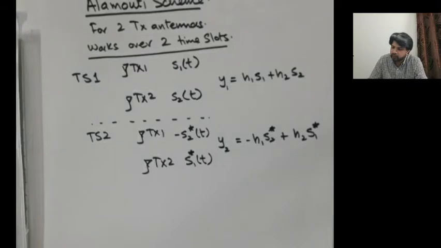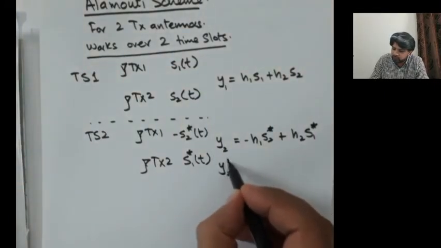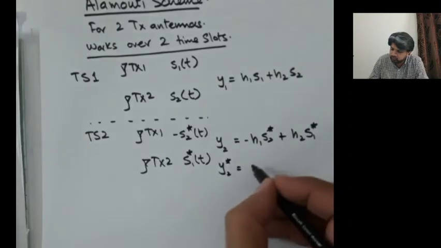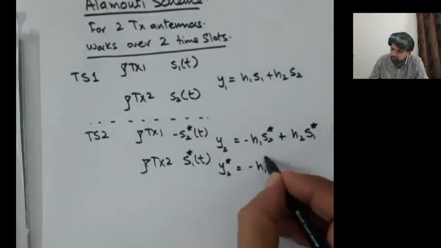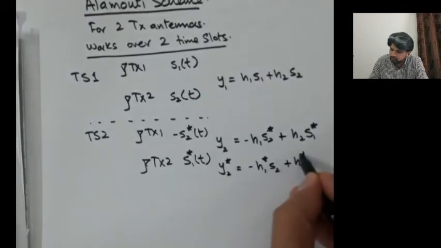If you take the conjugate of this equation, you get y2 conjugate equal to minus h1 conjugate times s2 plus h2 conjugate times s1.